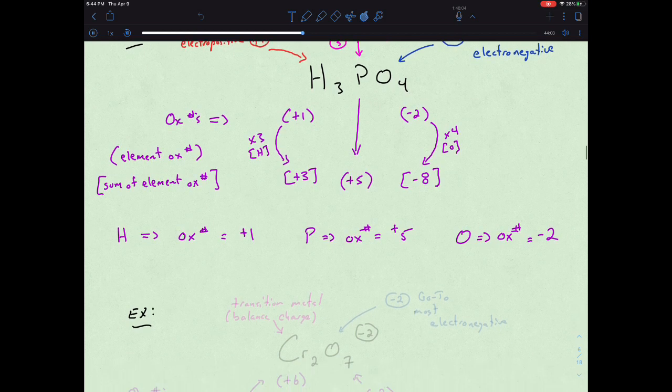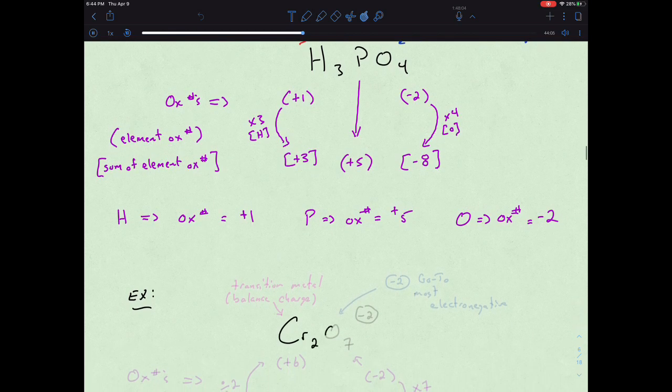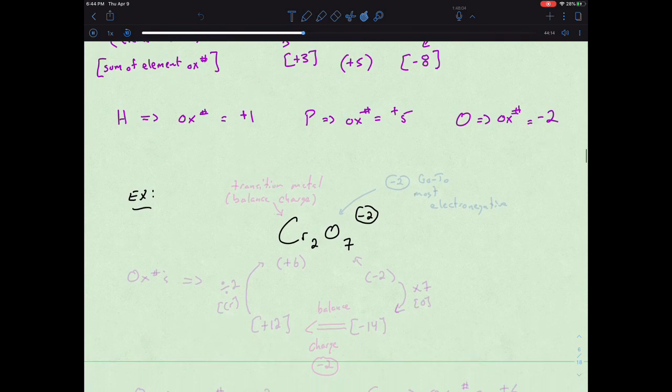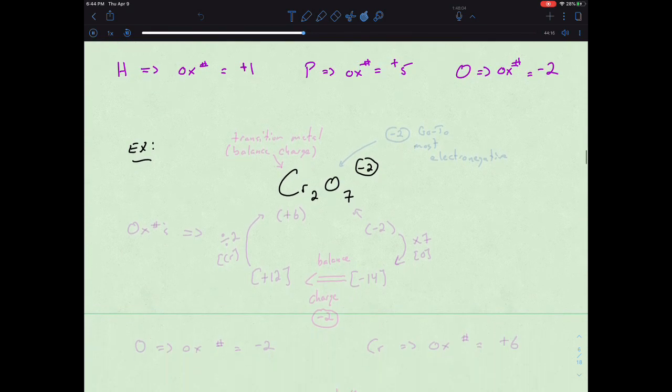So let's look at dichromate, or Cr2O7 2-. So here we have a molecule that actually has a charge. Notice that above we were balancing out the charge to be equal to 0 because the molecule phosphoric acid had no charge, but here we actually have a -2.